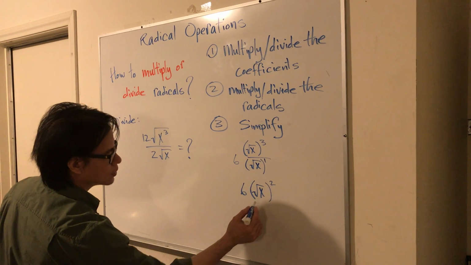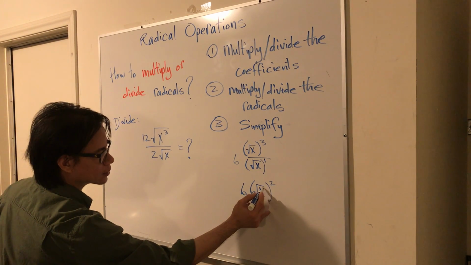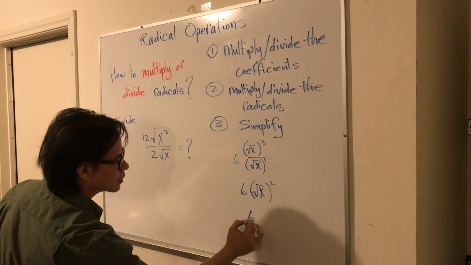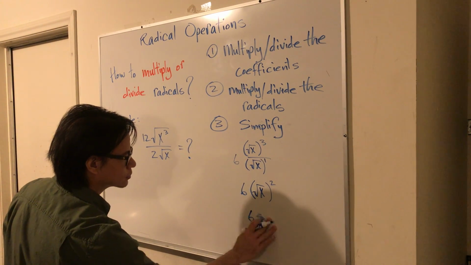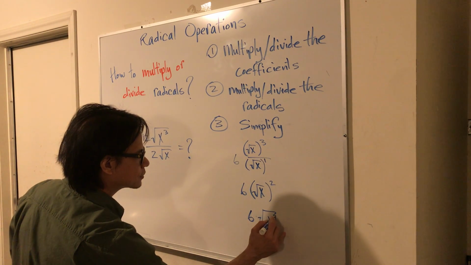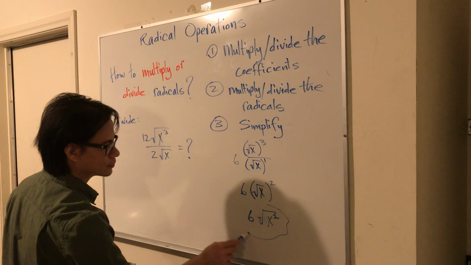Now, you can move the exponent back next to the variable here. So you can ultimately say this is 6 times the square root of x squared. Like that. Okay?